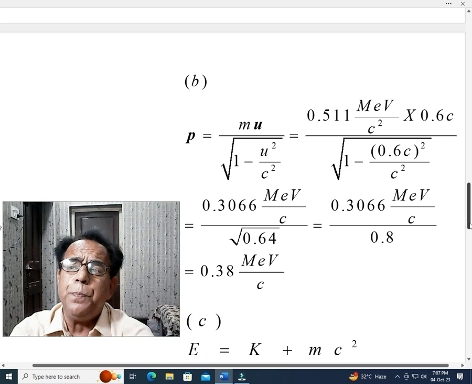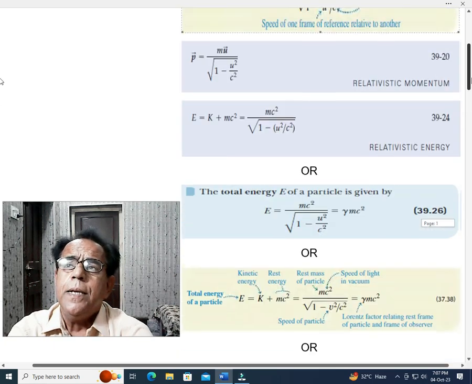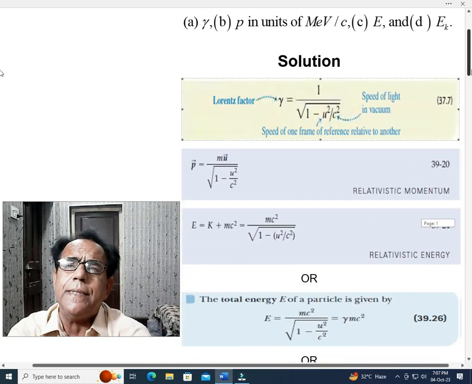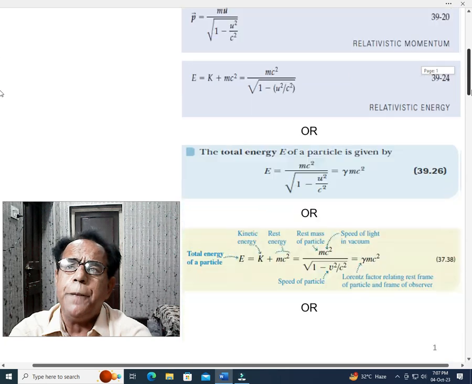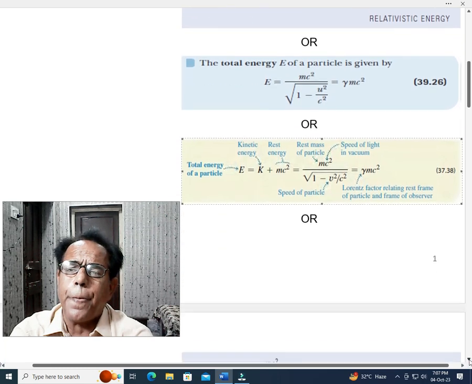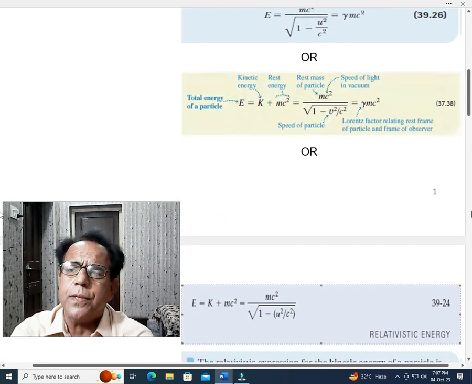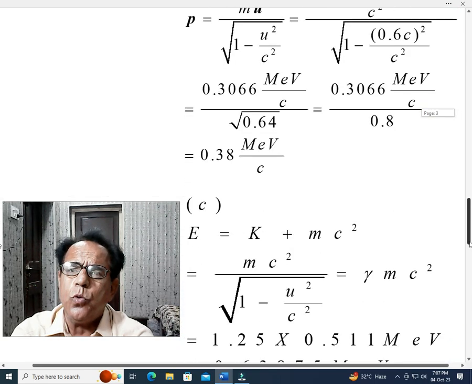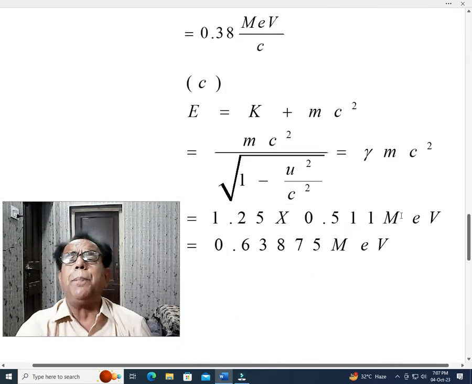Now we come towards part C, which will be solved in accordance with snapshots 3, 4, 5, 6 or 7. So this is E is equal to K plus mc square.